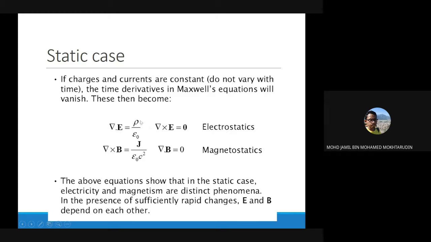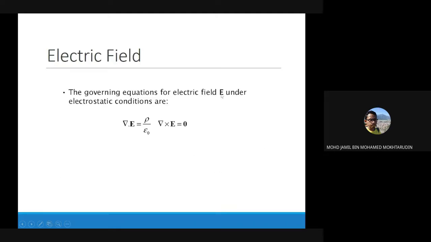The properties are rho here, and also epsilon naught and c squared. We will look more at rho and epsilon naught. Firstly, the electric field. The governing equation for the electric field E under electrostatic conditions is as given previously.